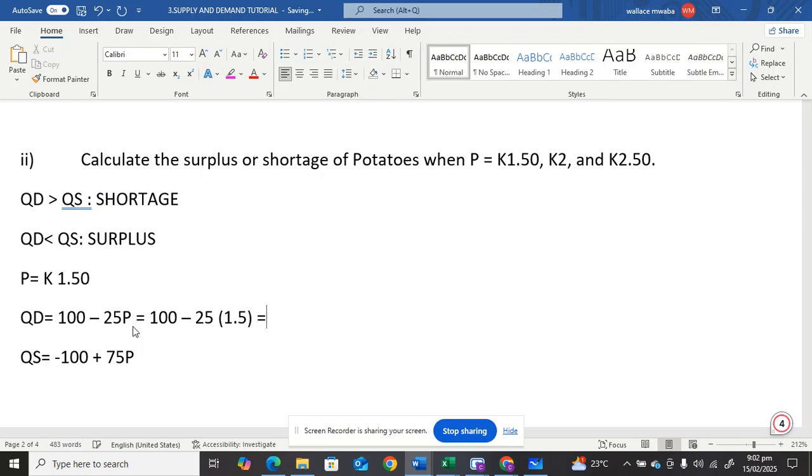Okay, what value do we get? Yes, what values are we getting?